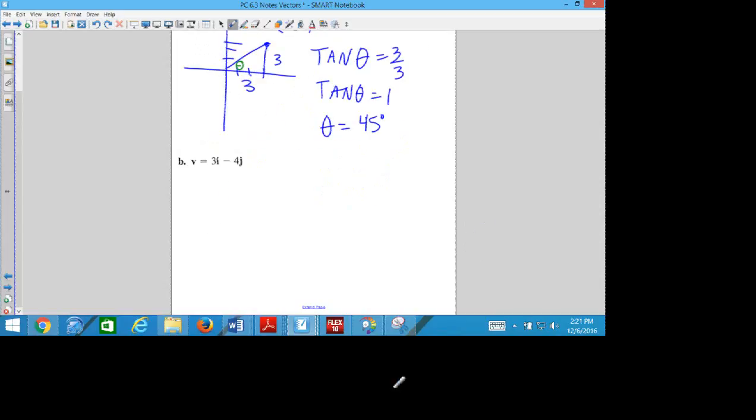The next one, same way, tells us the component form is 3, -4. So if I drew that, I would go 1, 2, 3, then 1, 2, 3, 4. 3, -4, and there's my vector.